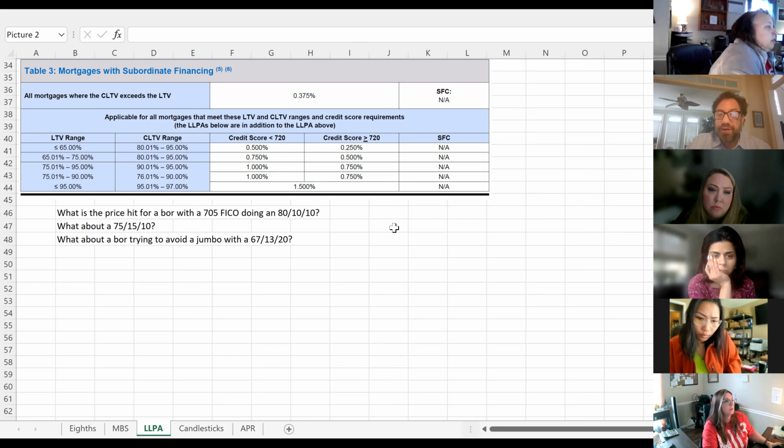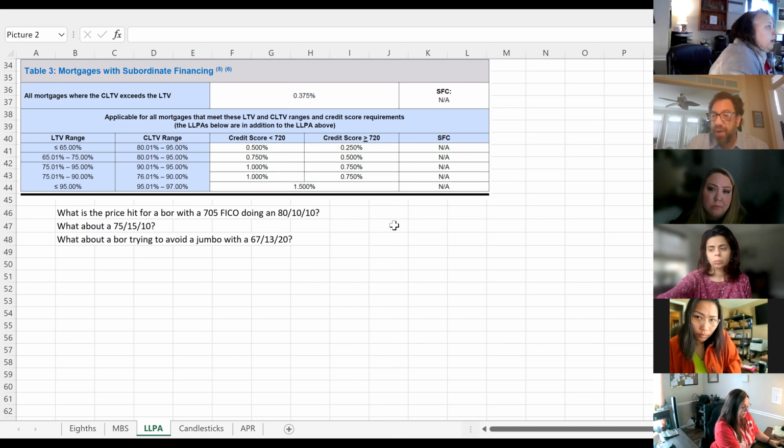But the one thing they can do is they can do a first and second. So let's say that they're buying a home for 600,000. They have 100,000, which is plenty enough to buy the home. But when they sell their old home, they're going to get an extra $200,000 that they want to put towards the house.